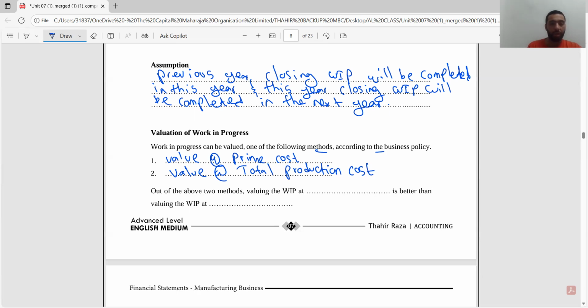Out of the above two methods, valuing the WIP at total cost is better than valuing the WIP at prime cost. Okay, we'll learn what is this valuing at total cost, valuing at production cost. Okay.